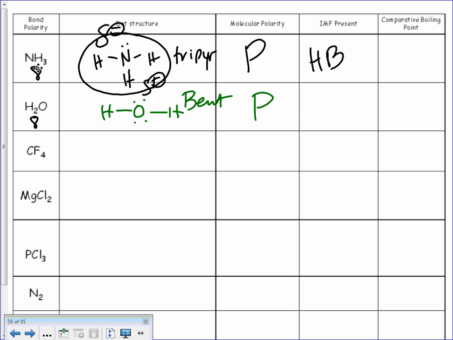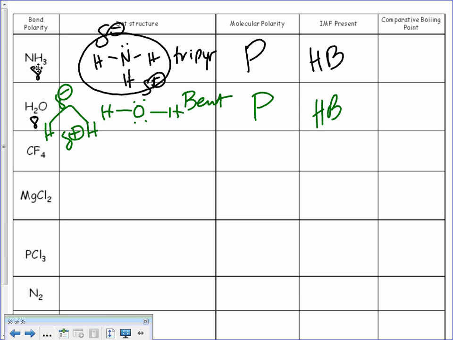Right, because when it bends, it creates a shape like this, where you have partially negative up top and the 2 hydrogens down low are partially positive. So there's a difference in polarity, so it's polar. Nicole, would you say that's hydrogen bonding or dipole-dipole? Because there's an H bonded to an O, right? So hydrogen bonding is a special type.